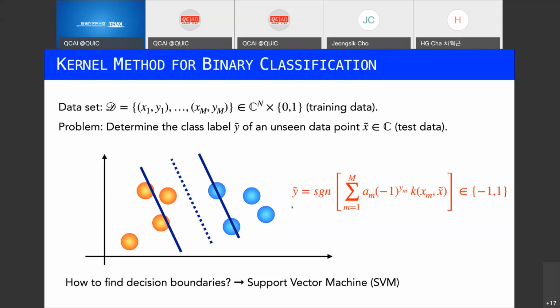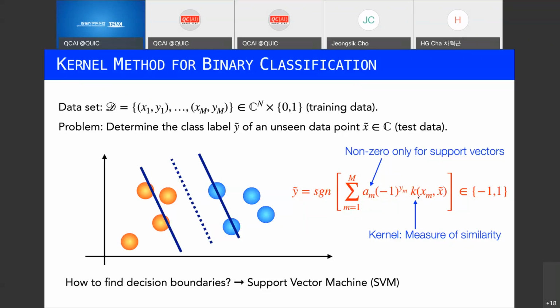We can also express this prediction or classification function in this form. Here, these are some weights that go with the training data. This will be zero if the data that we use for finding the decision boundary is not a support vector. So for these two data and this data, if they're not used for finding the decision boundary, they will be zero in this equation.